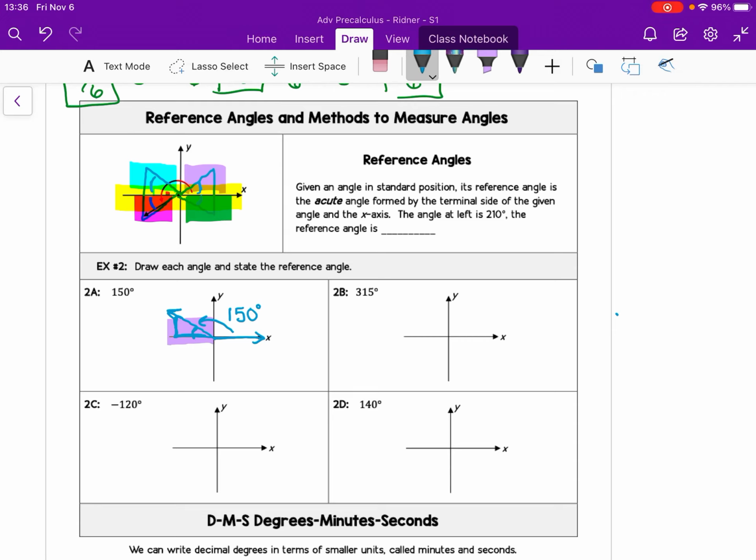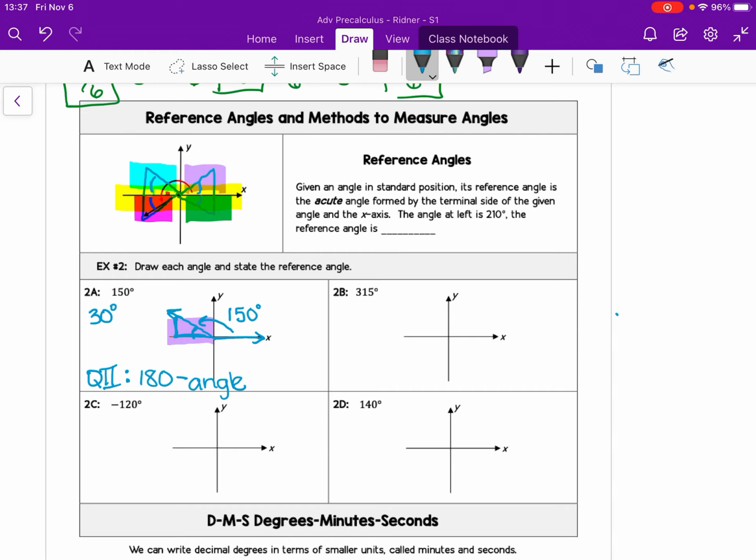Now, some logical reasoning is going to tell you, all right, a straight line is 180 degrees, so that means the reference angle must be 30 degrees, because 30 plus 150 is 180. If you are a rules person, so just tell me the rules: if it is in quadrant 2, you're going to do 180 minus the angle. Okay.